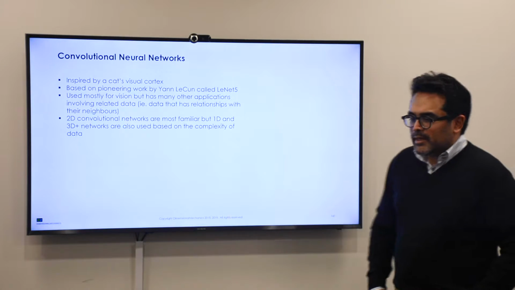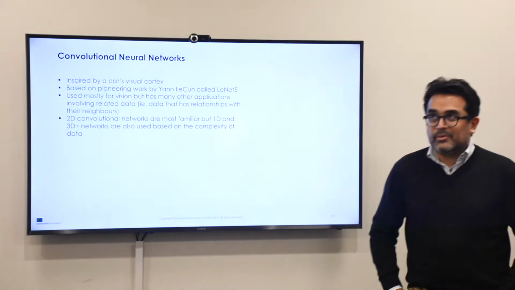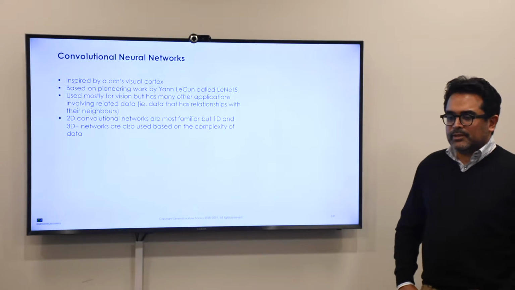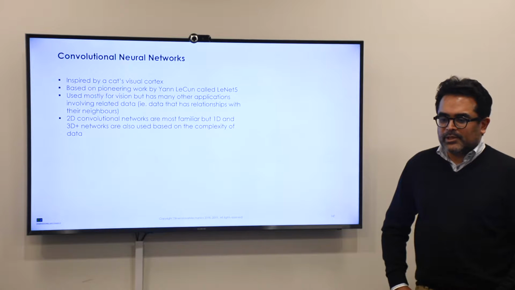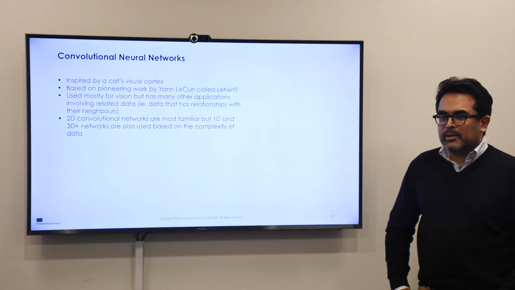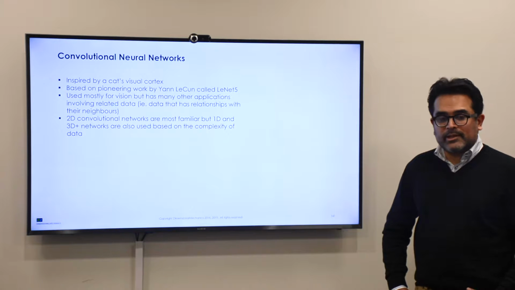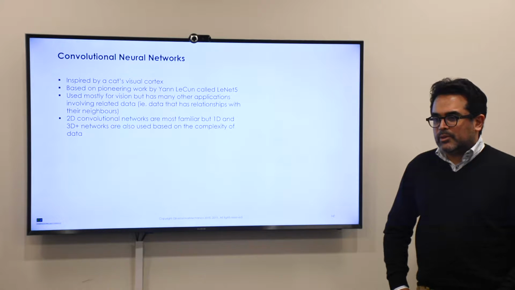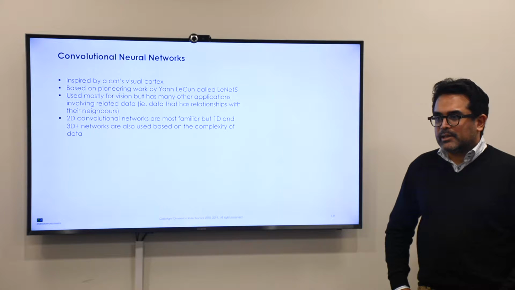It was developed by Yann LeCun, I think in 2002 or 2003. So it's been around for a long time. And it was one of the first times that people were actually able to build neural networks that could recognize objects and things like that.